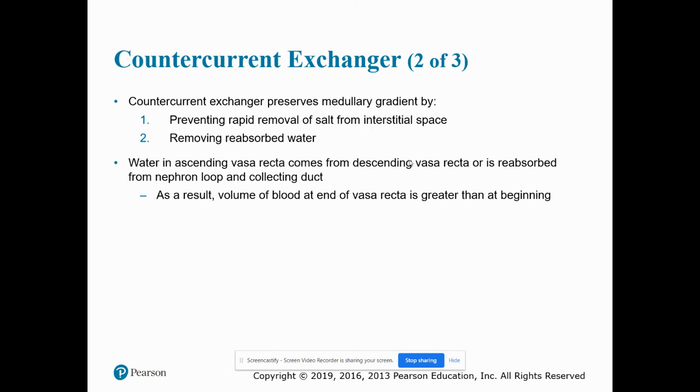The water in the ascending vasa recta comes from the descending vasa recta or is reabsorbed from the nephron loop and collecting duct, which is going to result in an increase in blood volume at the end of the vasa recta. So all this means is that as the vasa recta is moving through, it's going to be picking up water, it's going to be picking up salt, and the volume is going to increase as it moves through. And so it's going to be greater at the end than it is at the beginning.